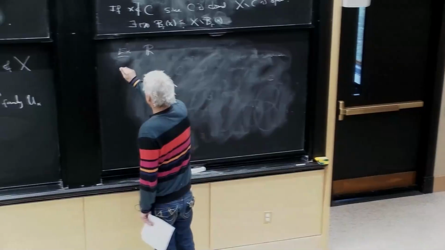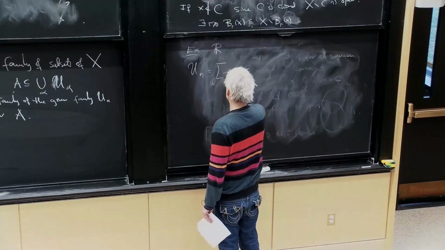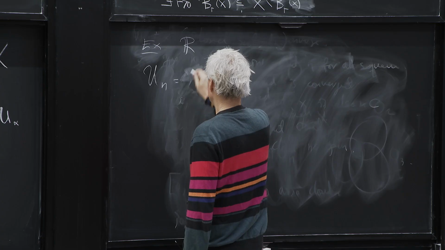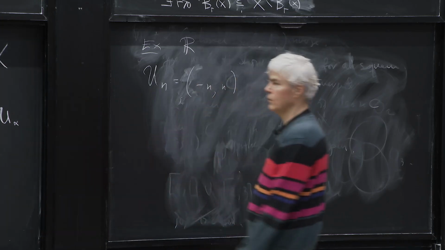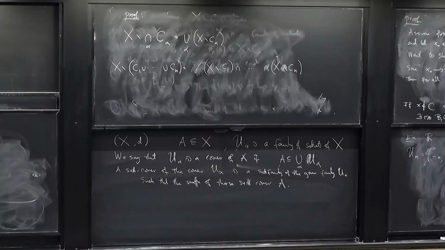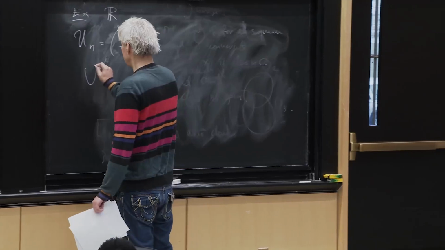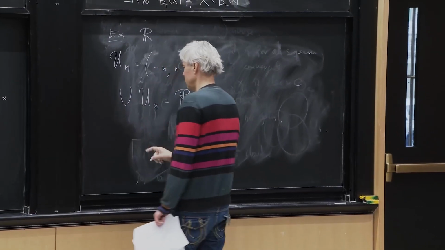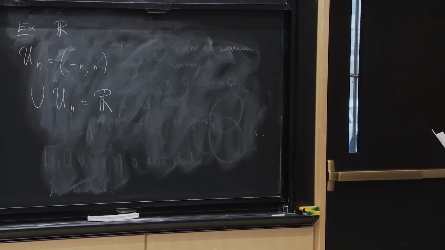And suppose now that the U alpha is actually U_N, intervals from minus N to N. Let me just make them open, it doesn't matter. For a cover, there's no assertion whether they're open or closed or neither. If you take the union of all of those sets, that gives you everything. So this family is a cover of the real line, right?